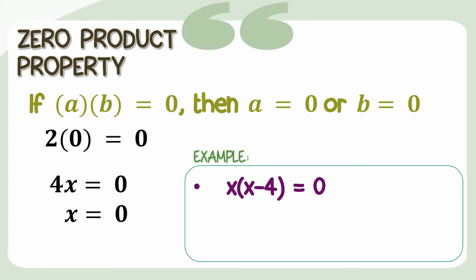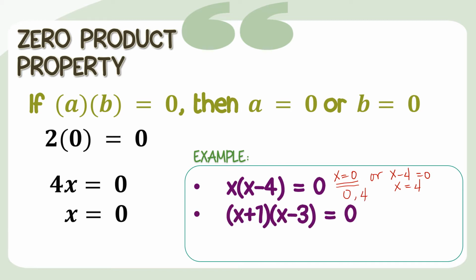Now, using the ZPP, let us find the roots of this equation. Again, according to ZPP, we can have x equals 0 or x minus 4 equals 0. Alin man daw dyan sa dalawang equal to 0. Automatic, ito na yung isa. And then yung isa ay positive 4. Therefore, ang roots ng equation na ito ay 0 at saka 4.